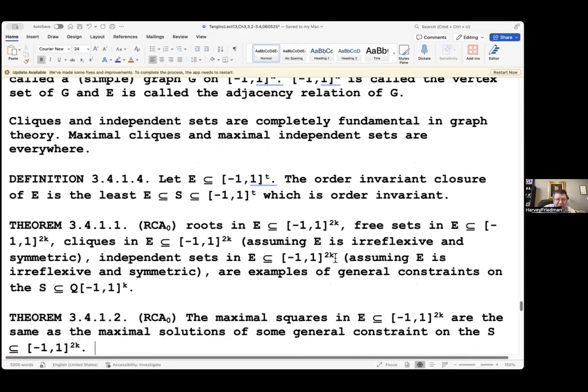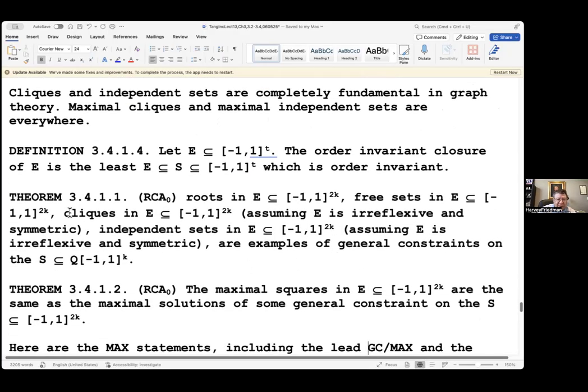The order invariant closure of a set is the least set containing it which is order invariant. There's always an order invariant closure, a good idea. Roots in E, free sets in E, cliques in E, assuming E is a graph, and independent sets in E are all examples of general constraints.